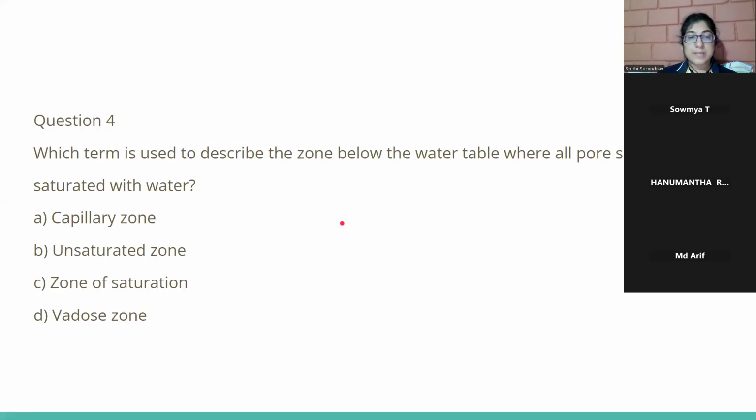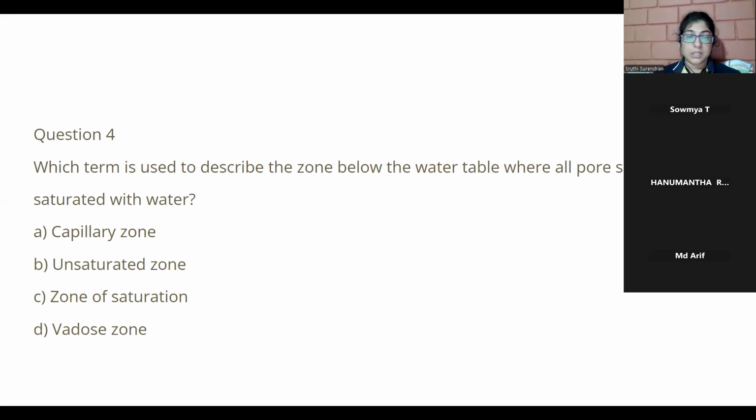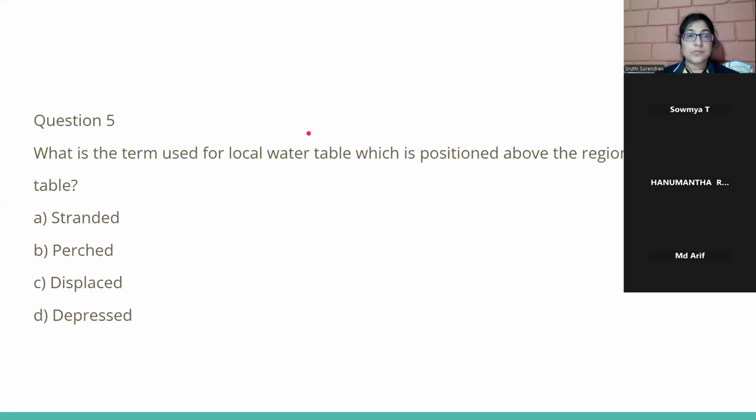Now, which term is used to describe the zone below the water table where all the pore spaces are saturated with water? Yes, the correct answer is zone of saturation. Then, what is the term used for local water table which is positioned above the regional water table?